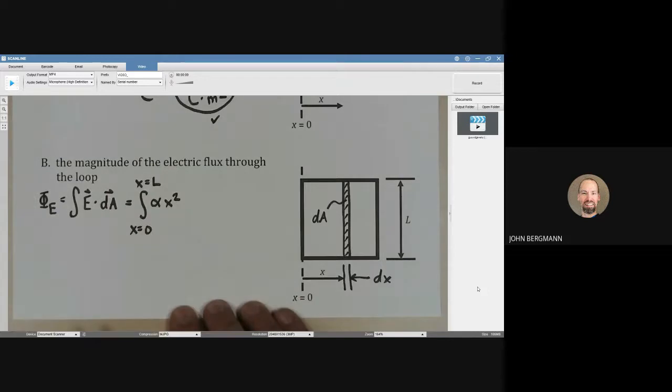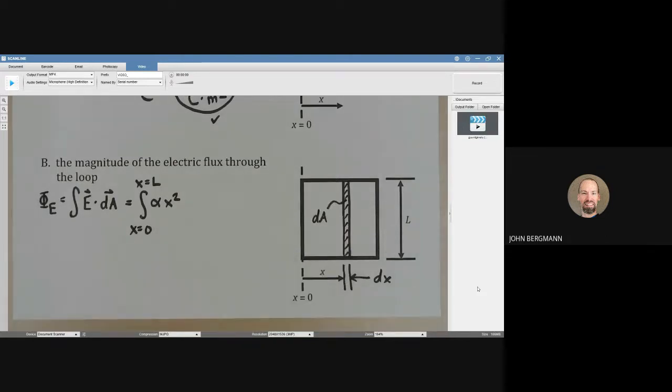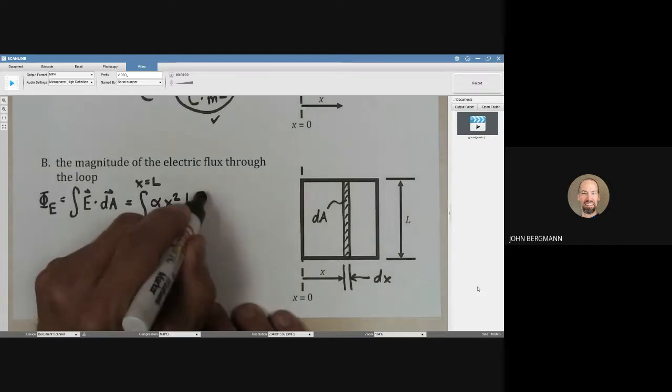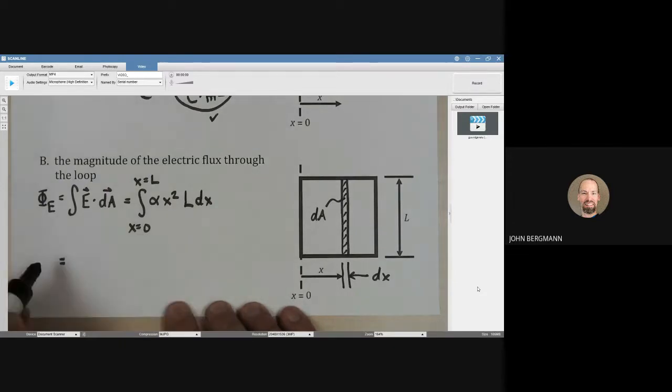And then what's dA? Well, dA is this little thin slice here where the electric field is constant for every bit of that slice. And dA has a height of L and a width of dx. When we pull the constants outside here, alpha is a constant and L is a constant. So we're going to need to integrate this from 0 to L x squared dx.